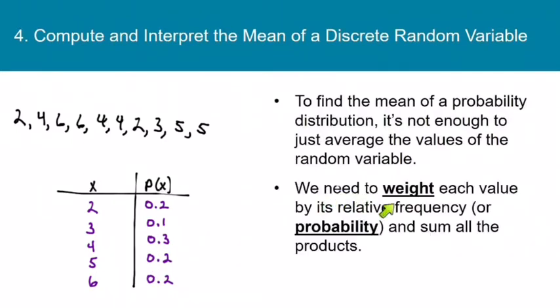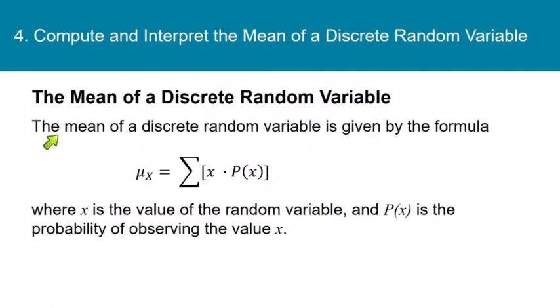What has to happen is that we have to weight each value by its relative frequency or probability and then sum all the products. Now if you remember section 3.3, this probably sounds very familiar to you. And in fact, we will use the same process to find the mean of a probability distribution that we used to find a weighted average in section 3.3. So the formula for the mean of a discrete random variable should look very familiar to you. It's just the sum of the product of each outcome times that outcome's probability.